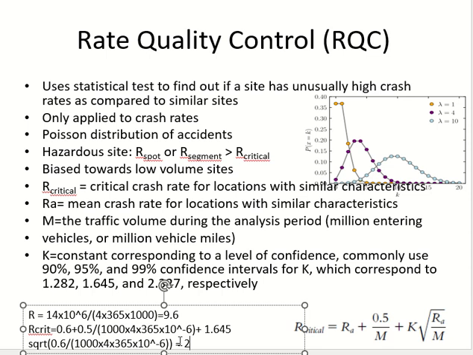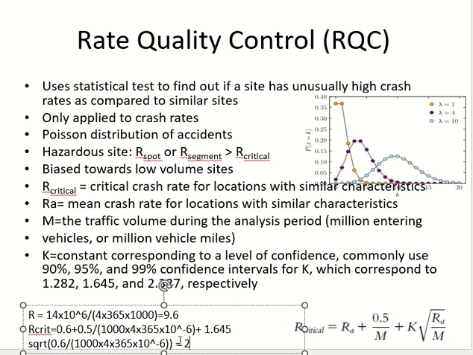So the average is 0.6 and your site has 1. Is it really a big difference? We cannot say. So that's why we have the rate quality control method. Now you can confidently say that your site has a problem. This critical rate gives you a range of normal sites, not a single number.